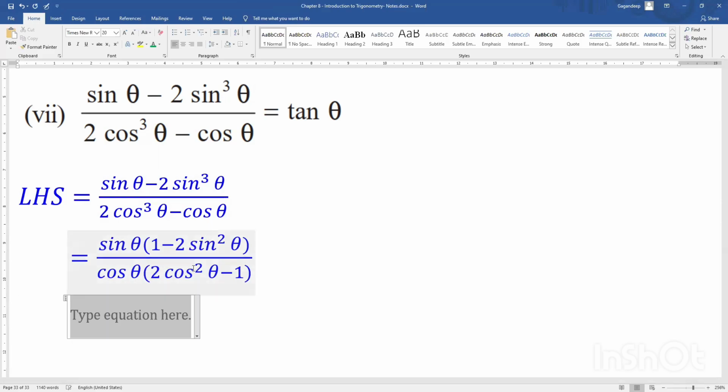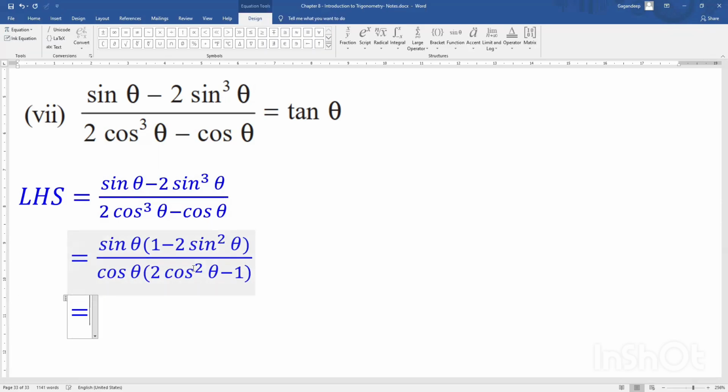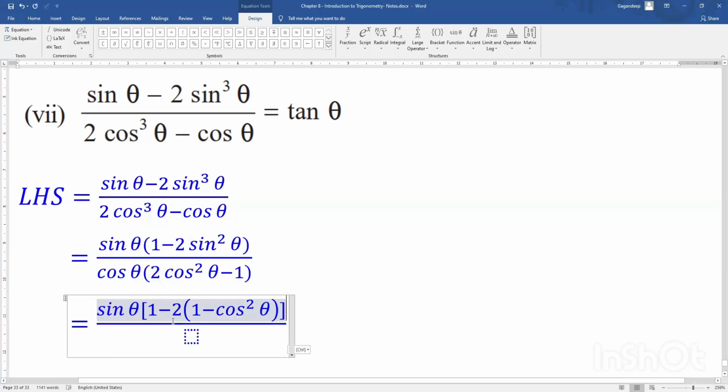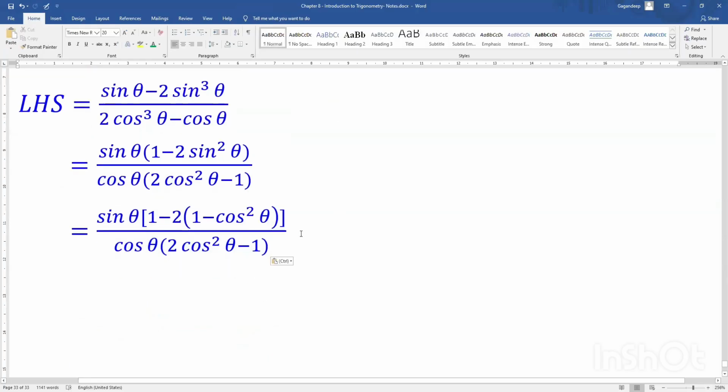I'm writing this numerator as sin theta into 1 minus 2 into 1 minus cos square theta, and the denominator I'm going to retain the same. Here, we are replacing sin square theta with 1 minus cos square theta.